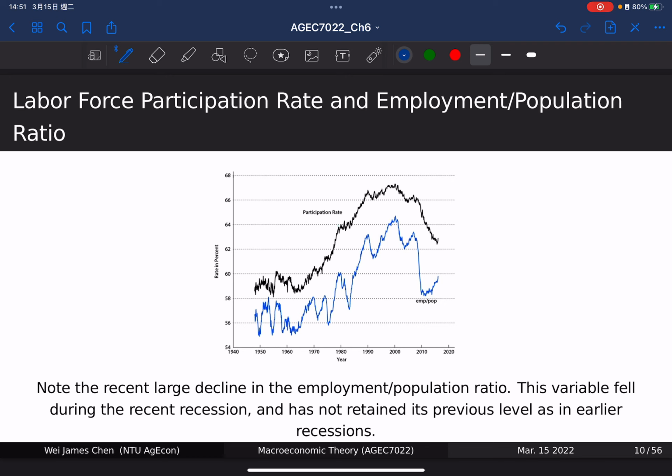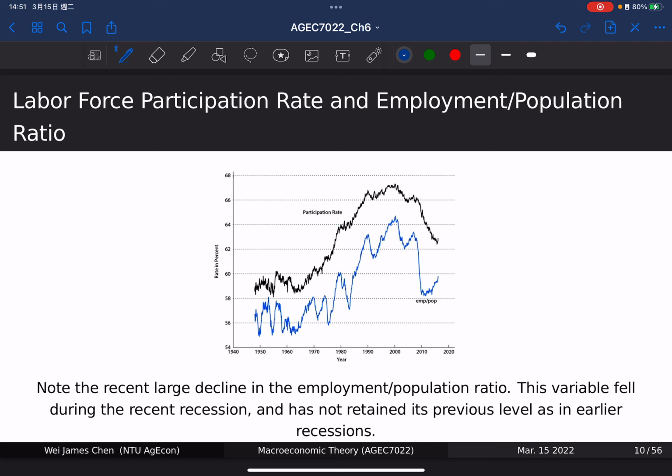Okay, what does it mean? It means it is not just that people dropped out of the labor force so that the labor force participation rate went down. It is that they dropped out of any work, basically. They're not employed at all.